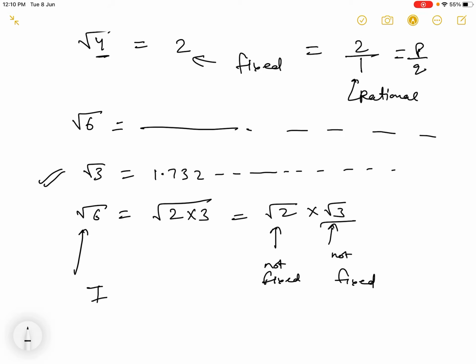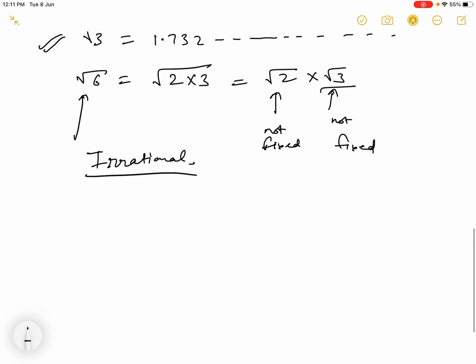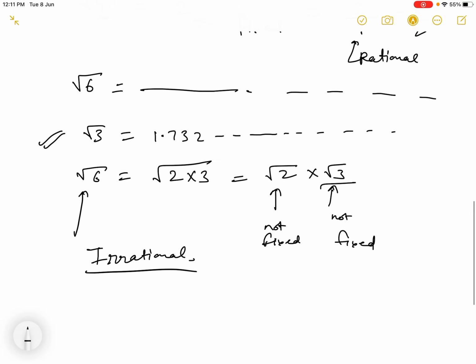That means root 6 is also irrational and cannot be represented in P by Q form. So all the values which cannot be written in P by Q form, because these values are never ending, are irrational.